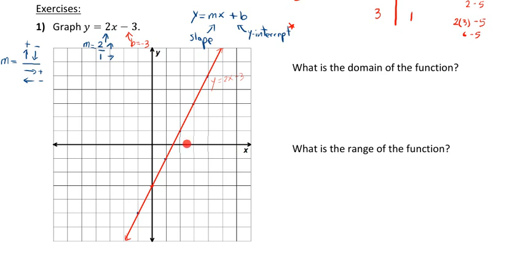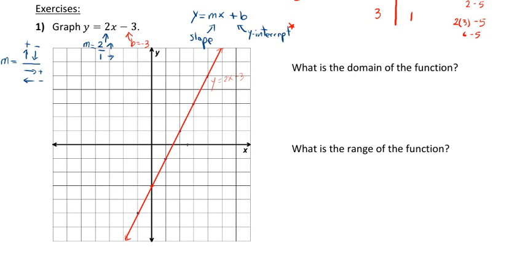For example, here will be 2.5, and there is a graph corresponding to that value of x, say 2.5. There is a graph that corresponds to that value of x, and we actually have here 1.5.